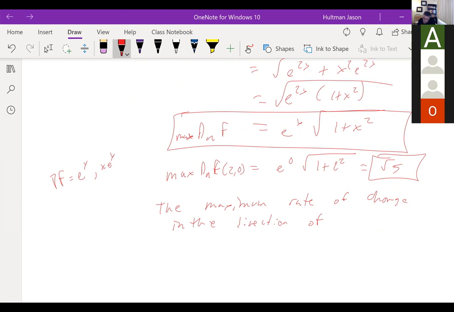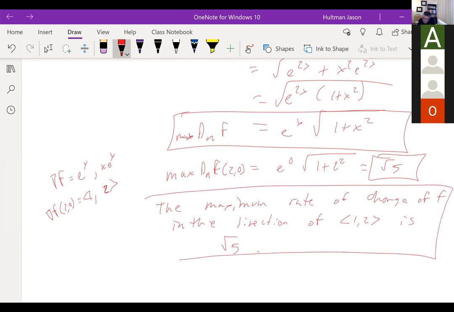So if I plug in (2, 0) here, I get (1, 2). So del F evaluated at (2, 0) equals (1, 2). So the maximum rate of change of F in the direction of (1, 2) is radical 5. Boom. Nice.